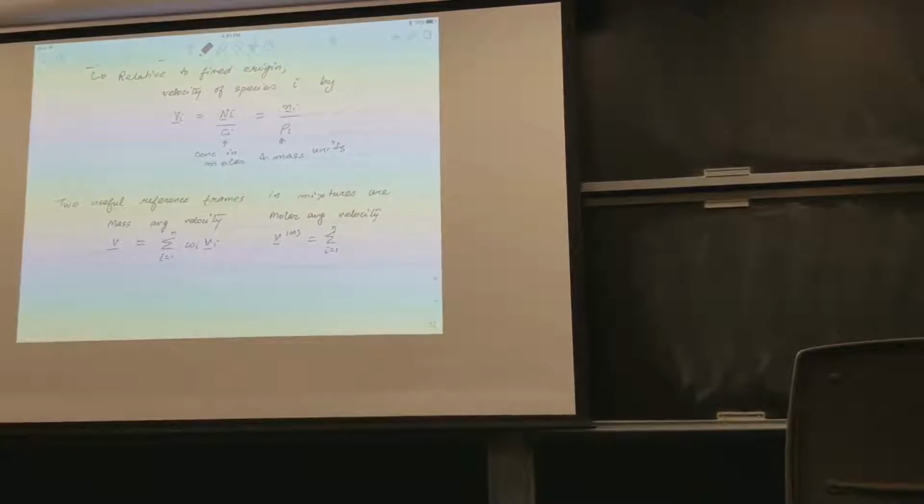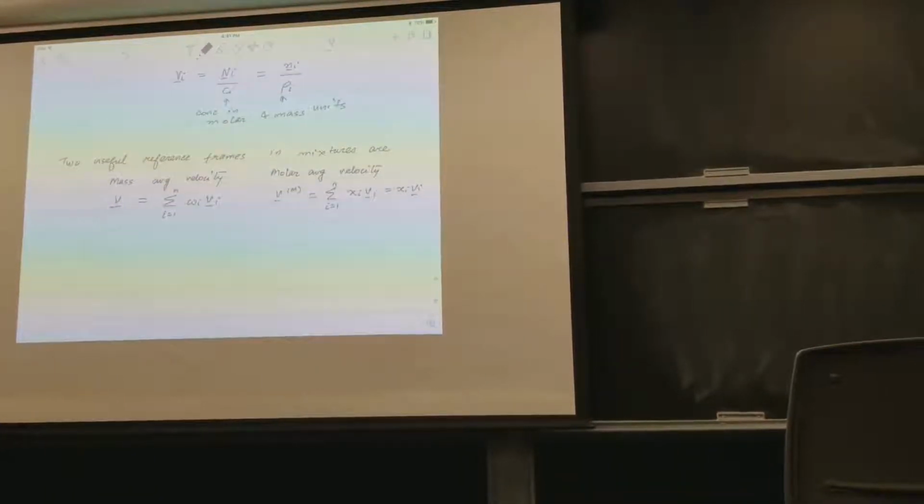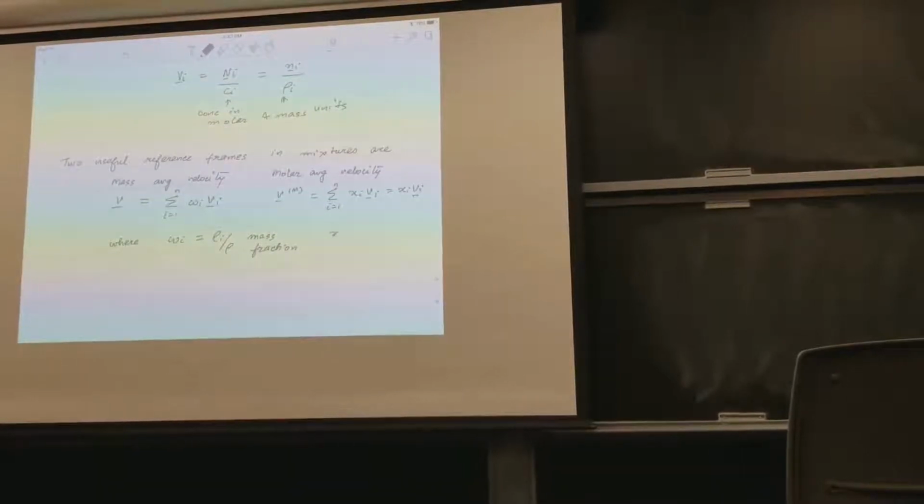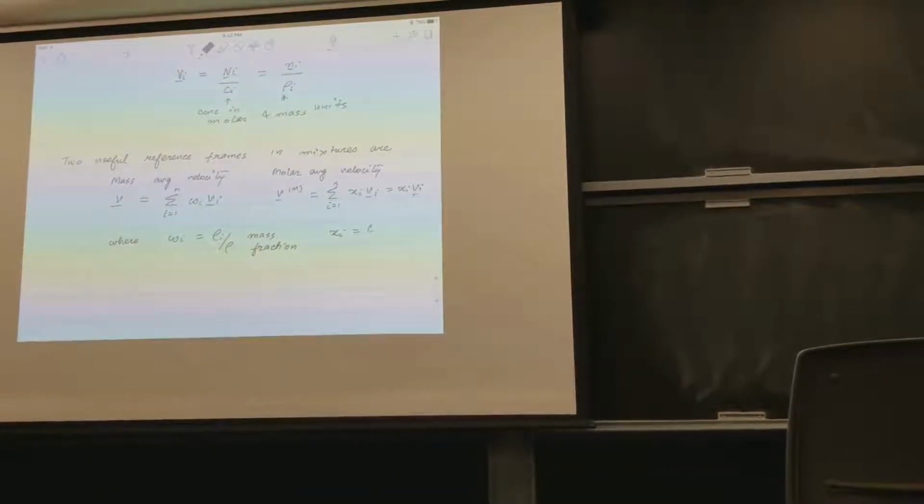And for the most part, after today, we'll stick to mass average velocity, but again, for completeness, we always introduce these things. Where omega i is rho i over rho, the mass fraction, and xi is ci over c, which is the mole fraction.